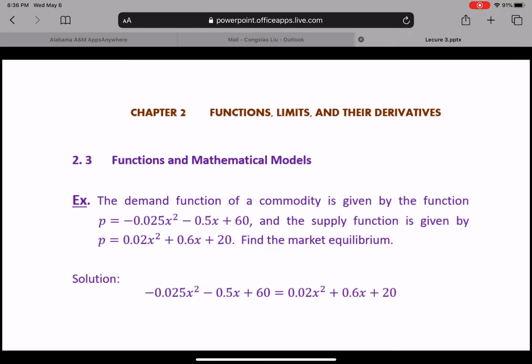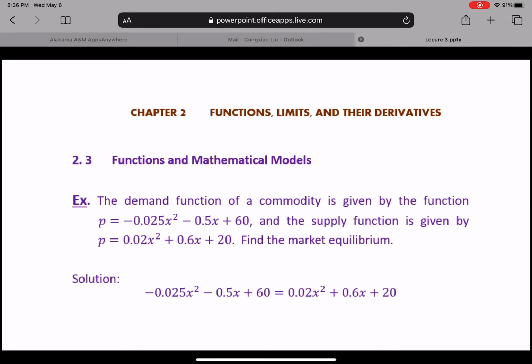As I said, the demand function or demand curve is the price as a function of quantity demanded, and the supply function is the price as a function of the supply. So P is the price and x is the quantity. So to find the market equilibrium, we need to set these two prices equal. That's how the deal is made, and solve for x from this equation.